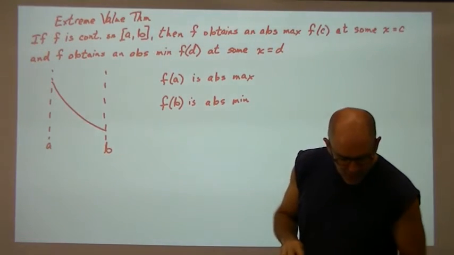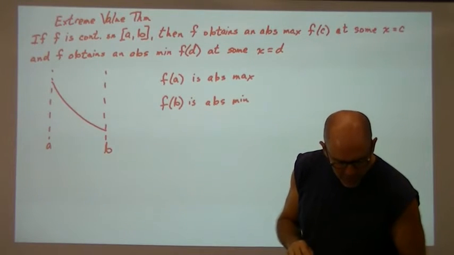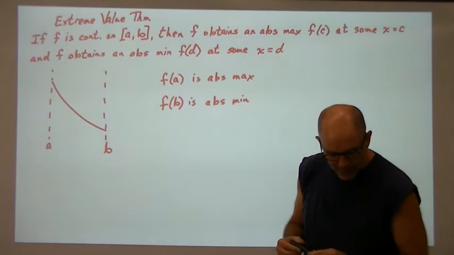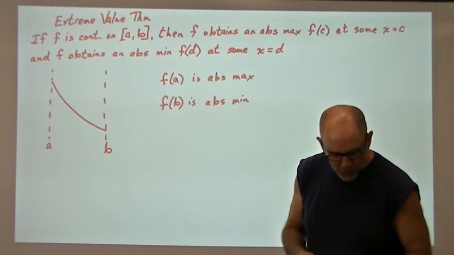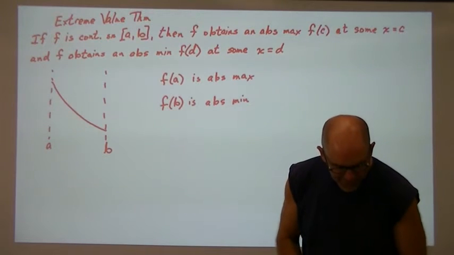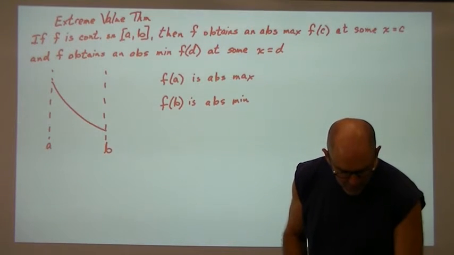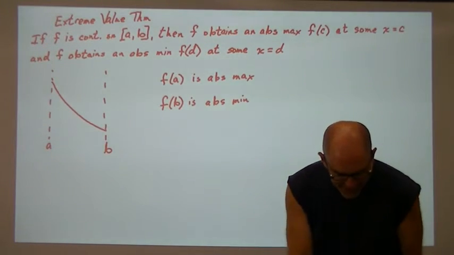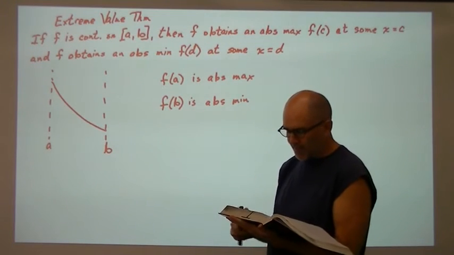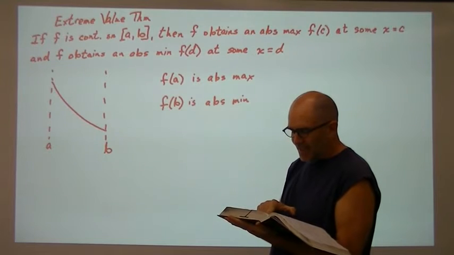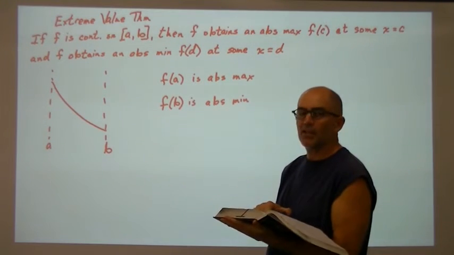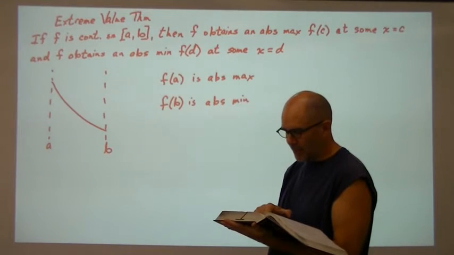Okay, now take a look on page 281, and you can see some variations of what we're talking about. Figure 5, notice you've got points A, B, C, and D. Now, A and B are the endpoints, but C is the location of the absolute max here.